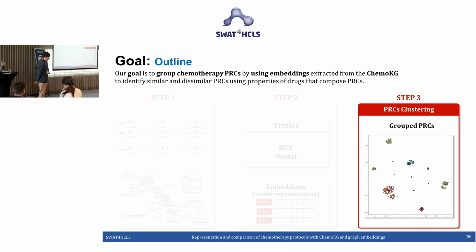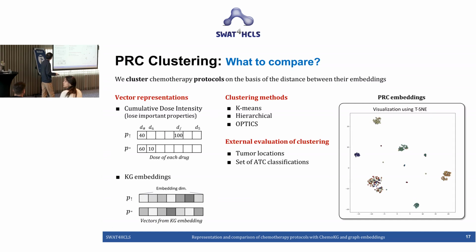And lastly, from these embeddings outputted from the knowledge graph, we grouped protocols to see if there are certain kinds of categories. So for PRC clustering, we need to think about what kind of references we can compare with these groups. First, for the vector representation for the comparison, we have a very basic one called cumulative dose intensity.